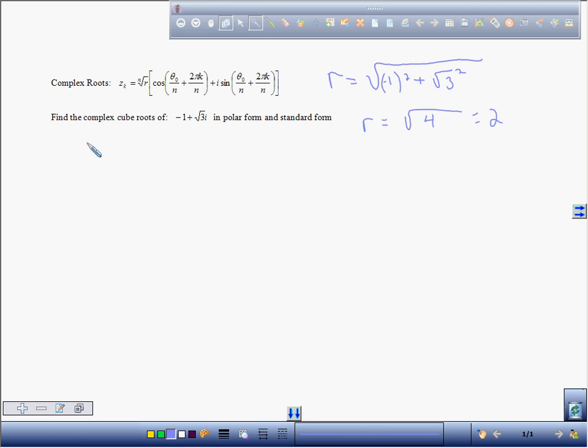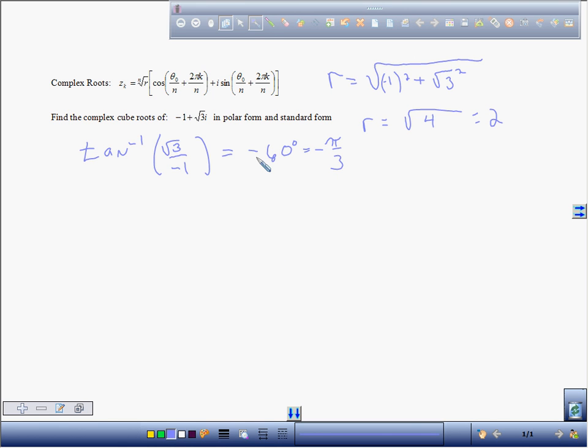So you would take the inverse tangent of root of 3 over -1. And if you do that on your calculator or knowing the unit circle, that comes out to be -60 degrees or negative pi over 3 radians.